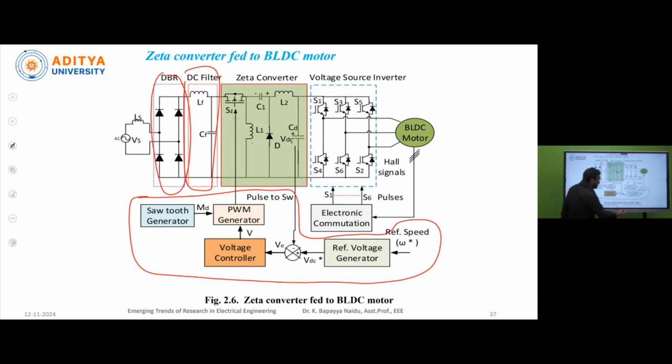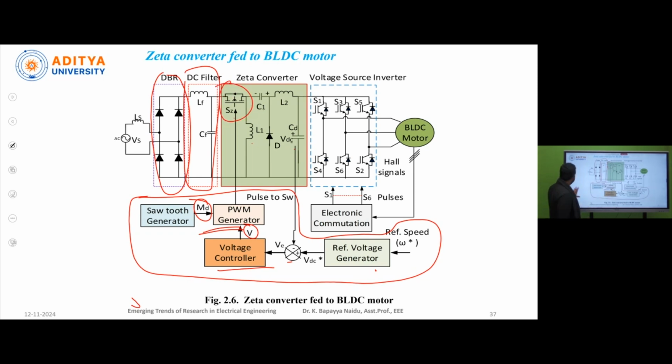The reference speed is given to the reference voltage generator, and the difference between VDC star and VDC is given to the voltage controller. The output of the voltage controller and the sawtooth generator modulation are given to the PWM generator. Based on these signals, the PWM generator generates the pulses and operates the switch SZ.